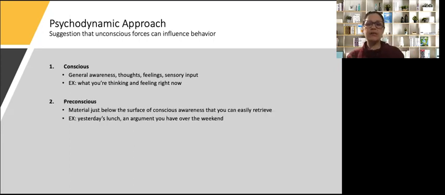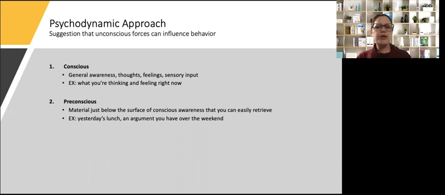He also talks about the preconscious level, which contains material just below the surface of conscious awareness, but can easily be retrieved. Okay, so maybe it isn't happening right now. You're not thinking about it in this moment, but you could retrieve the information if necessary. So, for example, if someone asks you, "What did you have for lunch yesterday?"